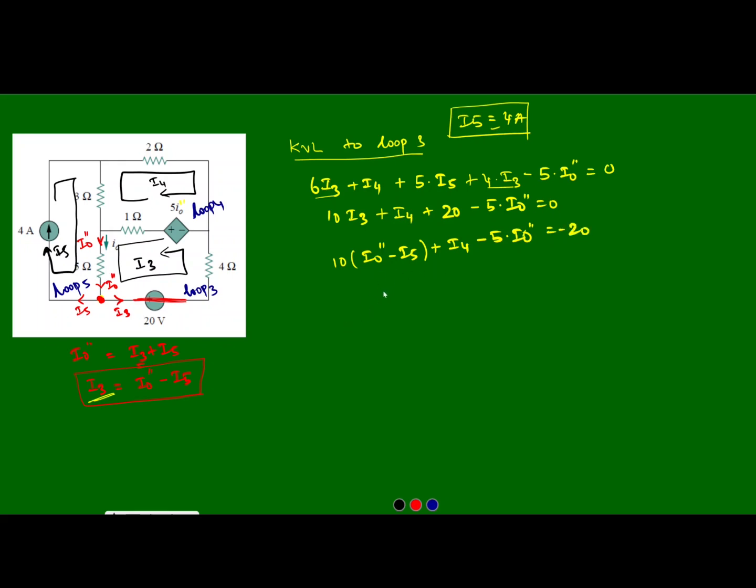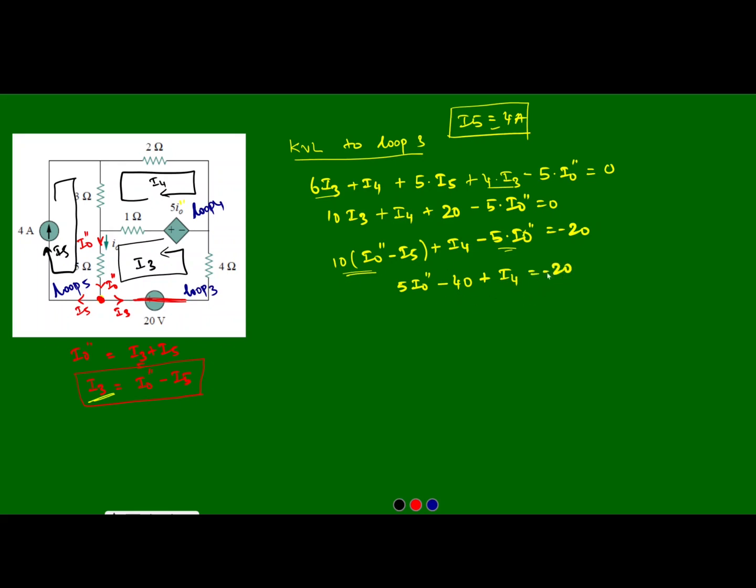Now simplifying further, 10 I0 double dash minus 5 I0 double dash gives 5 I0 double dash positive, and I5 is negative, so 10 into 4 will be minus 40, plus I4, which is equal to negative 20.